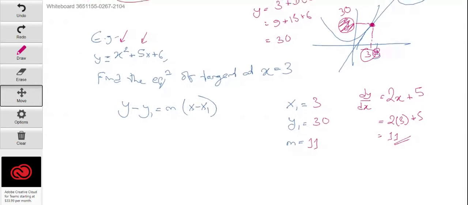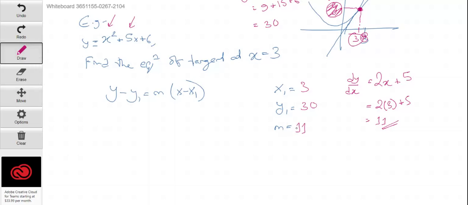So there you go. We have the three pieces of information that we needed in order to fill up the equation of a straight line formula. So we have the x coordinate from the question. We plug it into the main equation of the curve to find the y coordinate. We use our knowledge of differentiation to find the gradient.